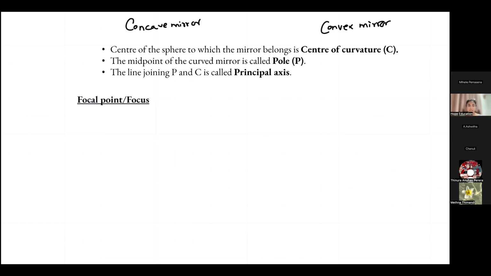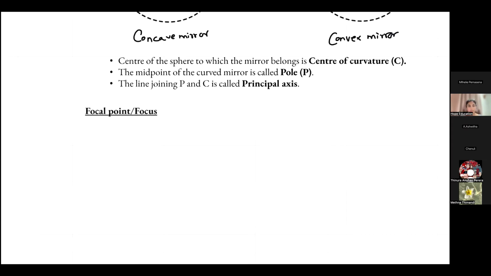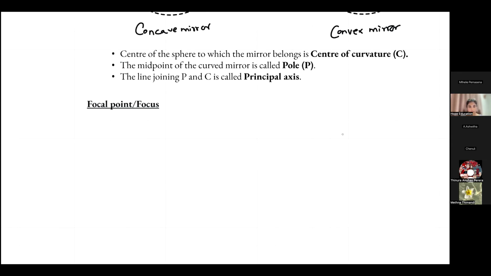So this is what happens, right? Now, let me take a concave mirror. First of all, let me draw a concave mirror.